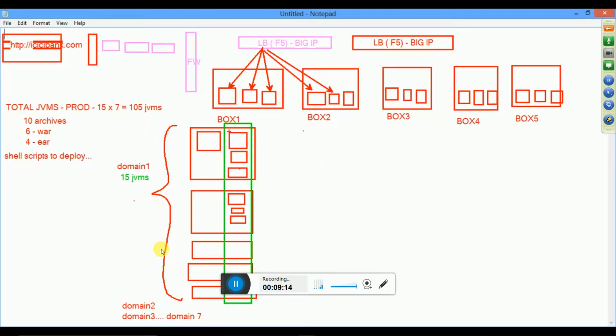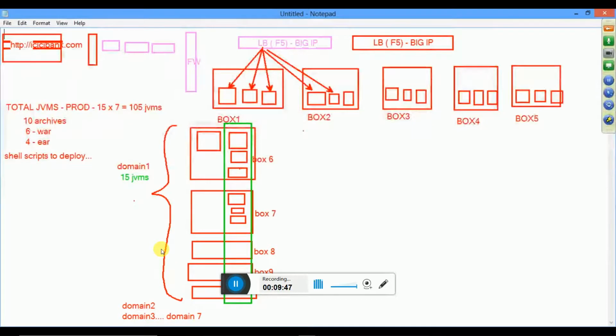So each box you are looking at, let's say this is box 6, this is box 7, this is box 8, this is box 9, this is box 10.